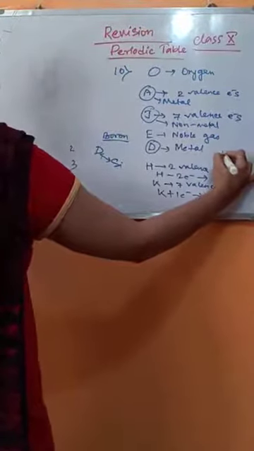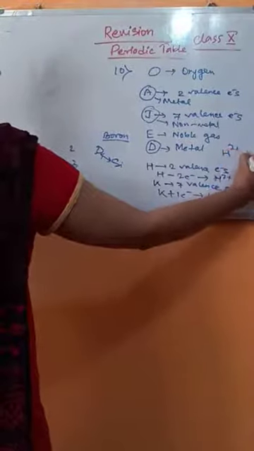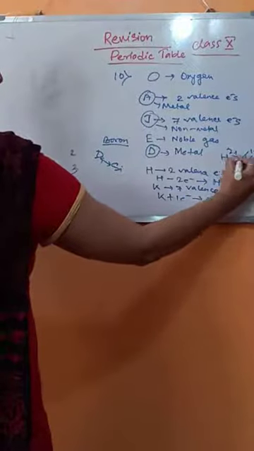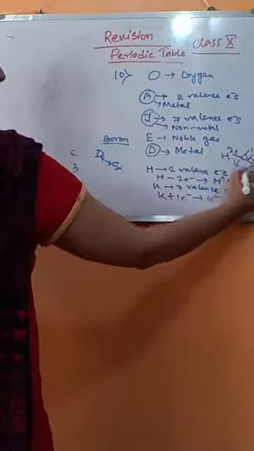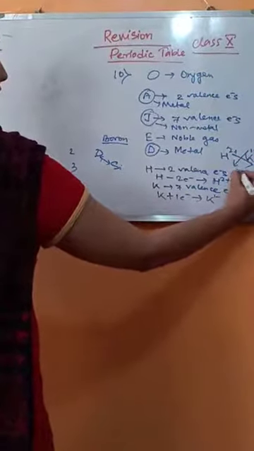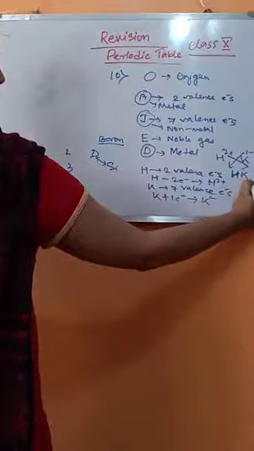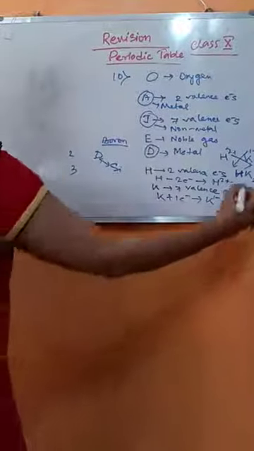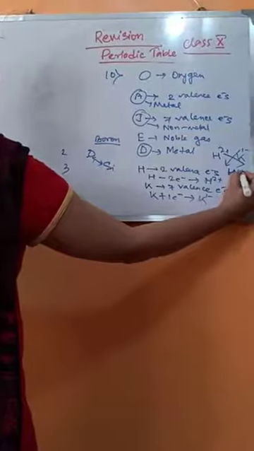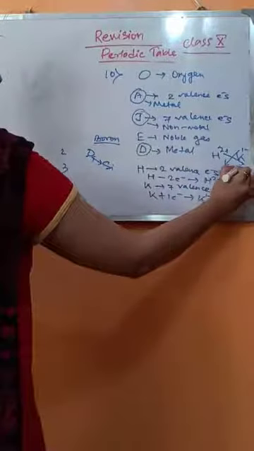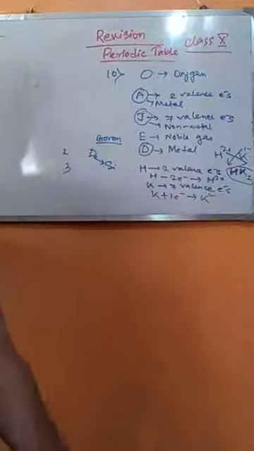H 2 plus, K 1 minus. This will give you HK2. Okay, so the formula of the compound will be HK2.